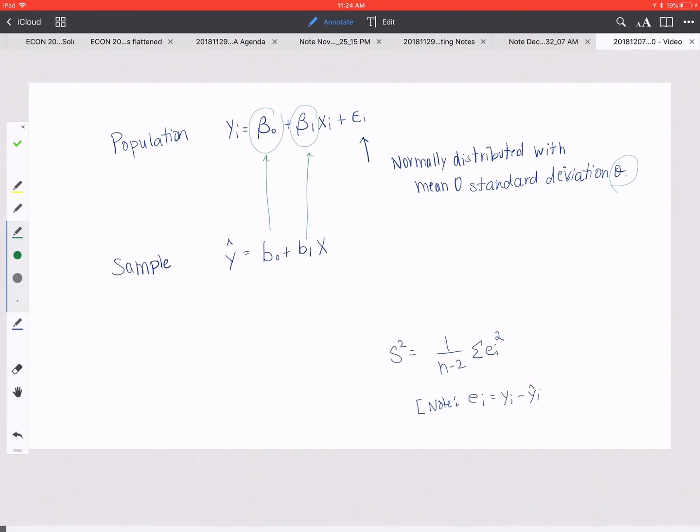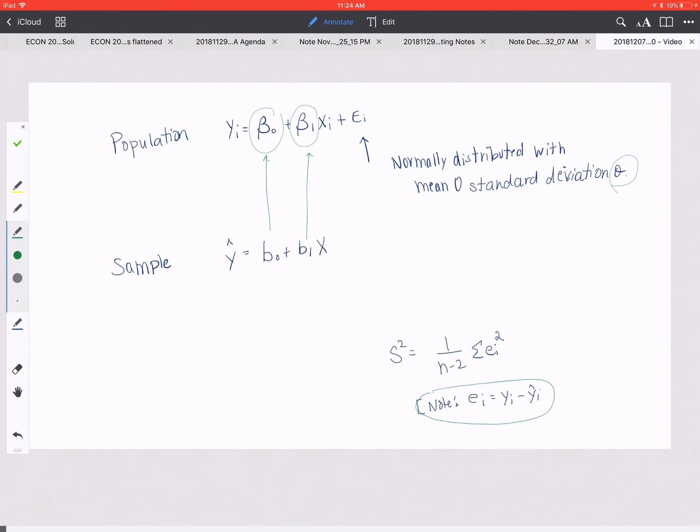We use the residuals to calculate the estimate for the standard deviation of the disturbance. You can see down here, I wrote the formula for the residuals. For each residual, e_i is equal to the actual value, y_i, subtract y_i hat, which is the predicted value.